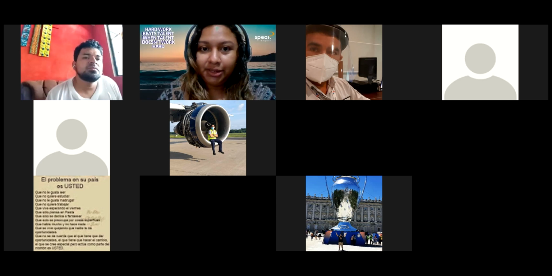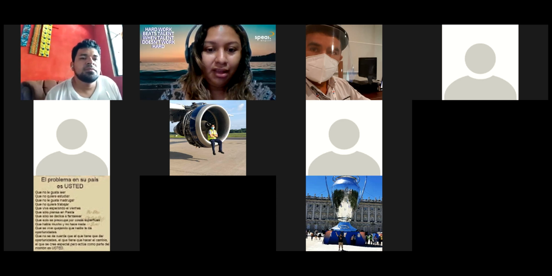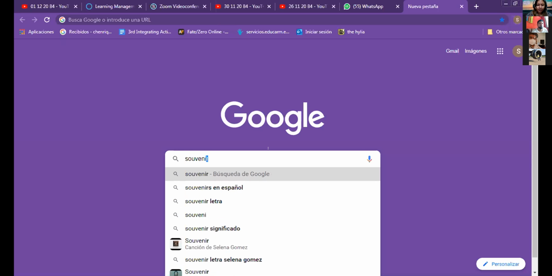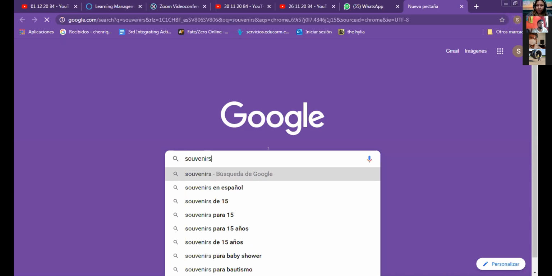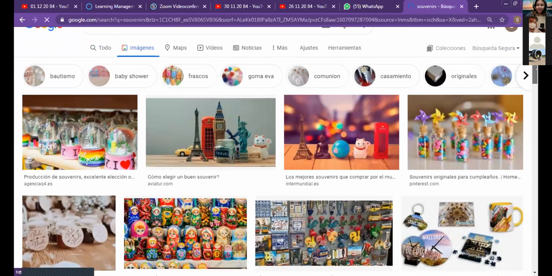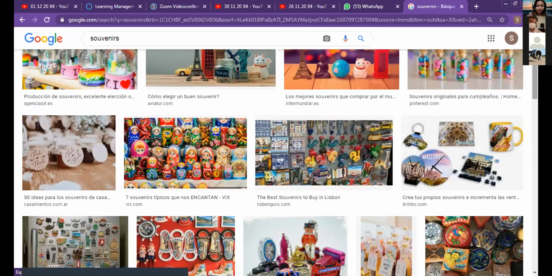Let's take a look at a picture here. Handcrafts, yes, different types of keychains. Keychains are souvenirs. When you go anywhere, you can buy an item that makes you think of the place you visited.